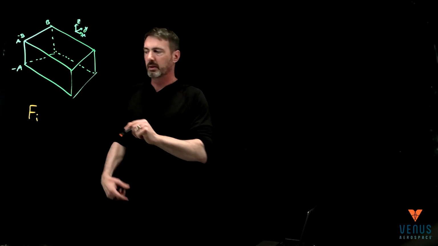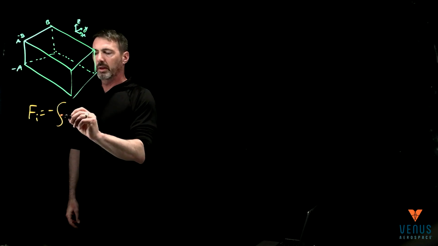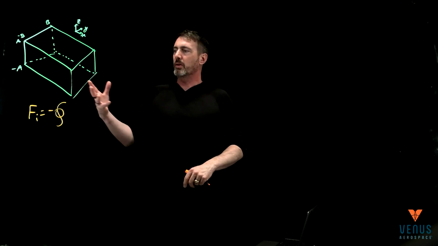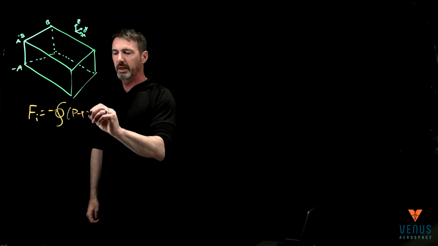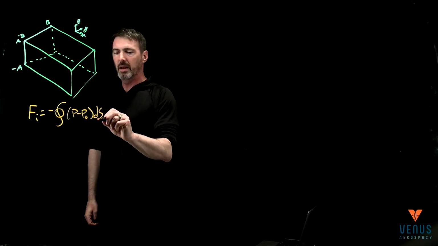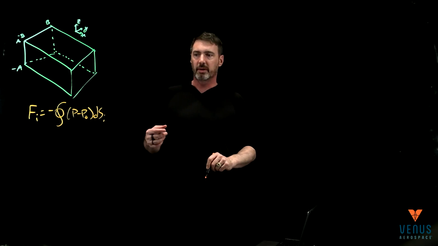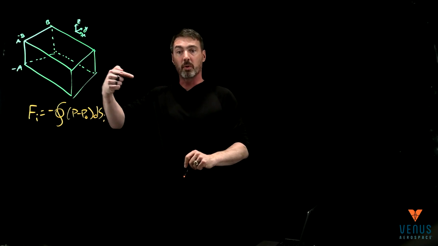So this is a vector, kind of doing a contour integral, going around all of these surfaces, and we're interested in P minus P0 in that direction, right? The vector itself is on the surface normal.